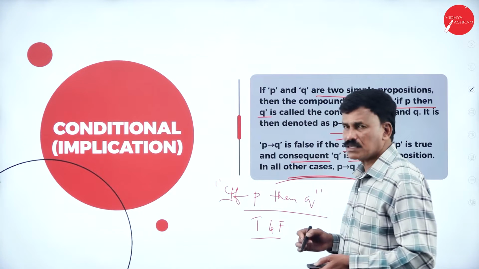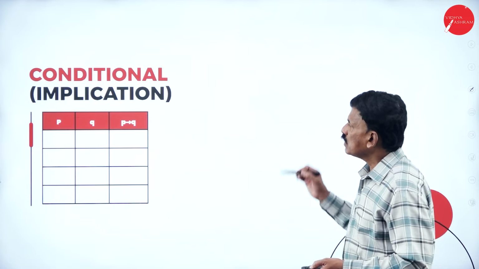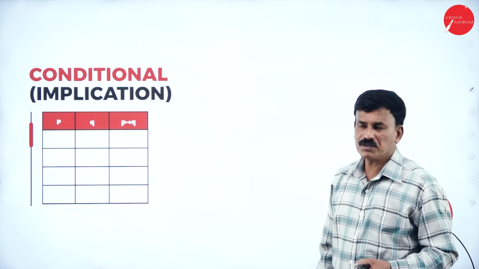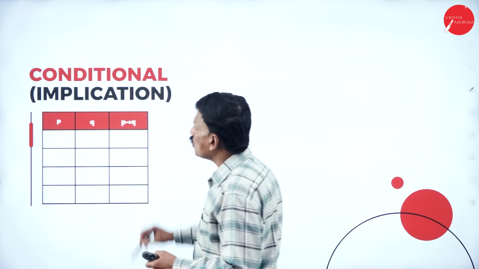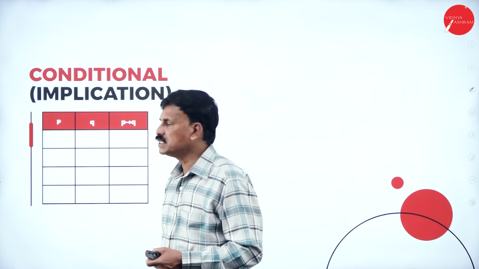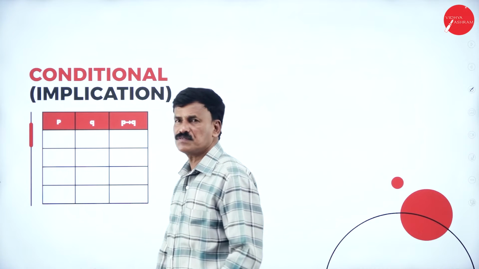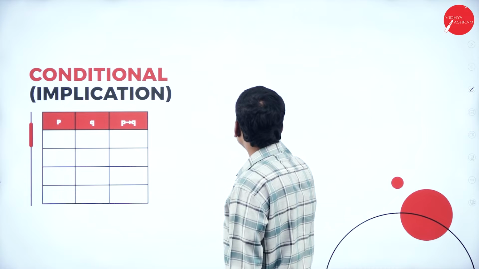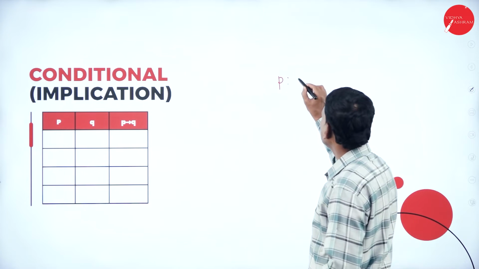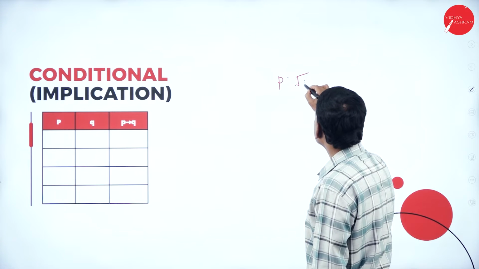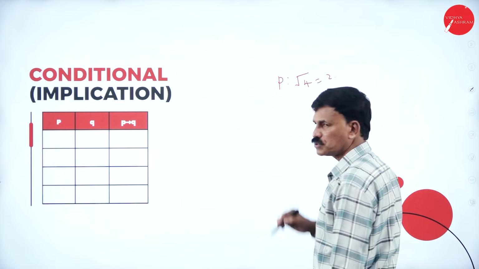Now, let us write with an example. How to construct the truth table for this conditional? The conditional of P and Q is denoted as P conditional to Q. Let me take an example. P: square root of 4 is equal to 2.